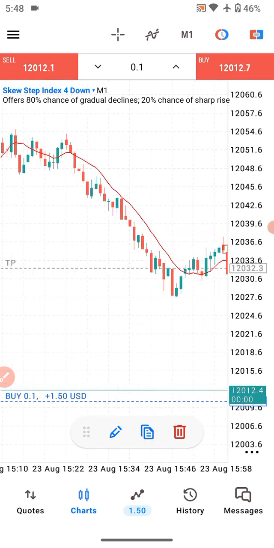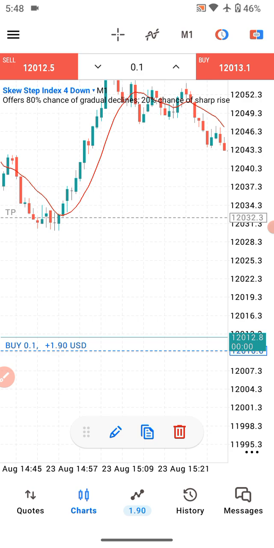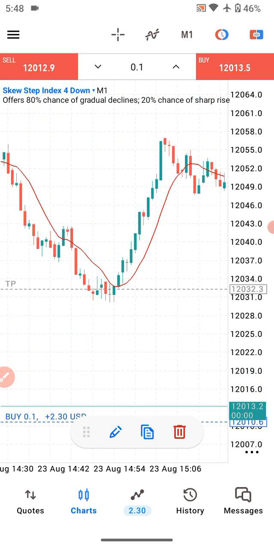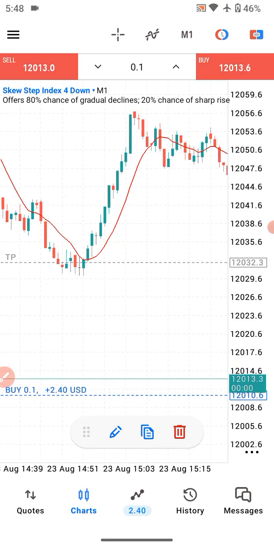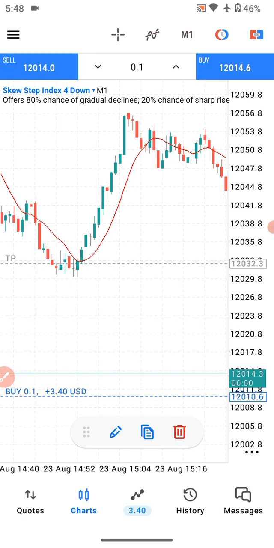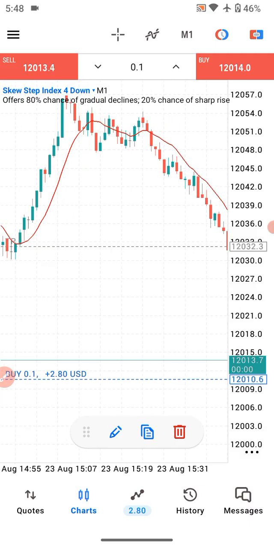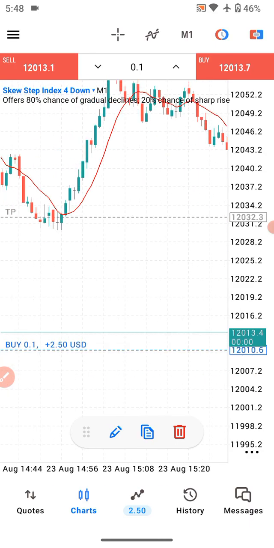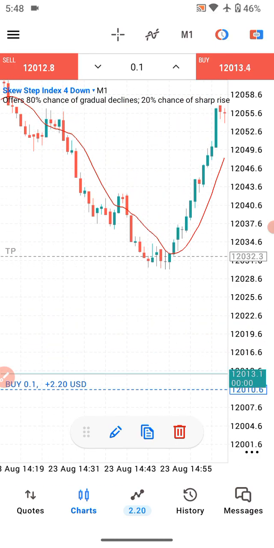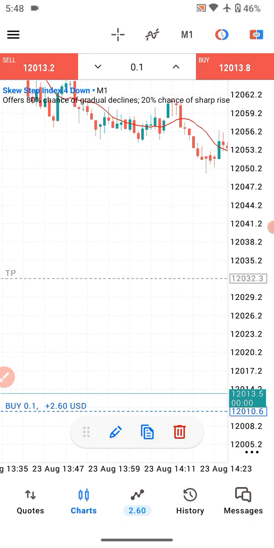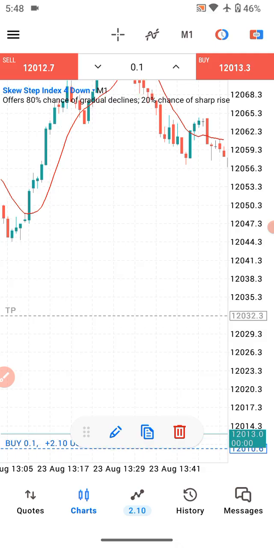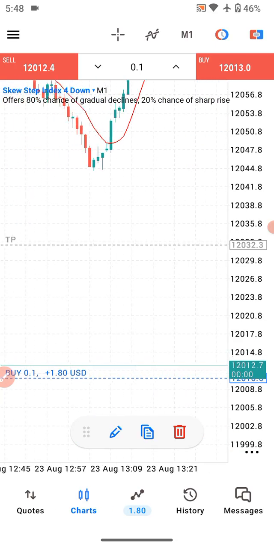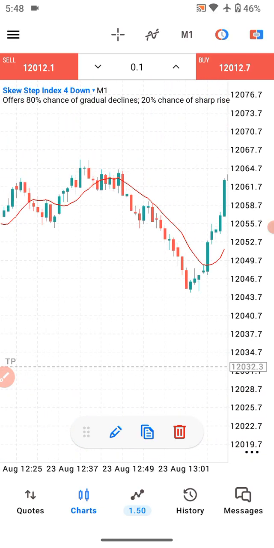So what am I aiming for right now? Aiming for a spike, a sharp movement in a specific direction.